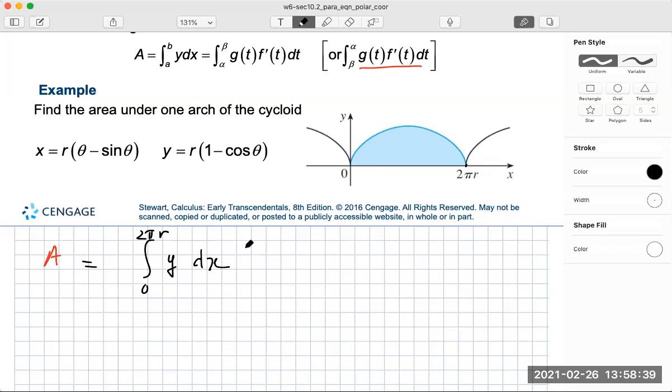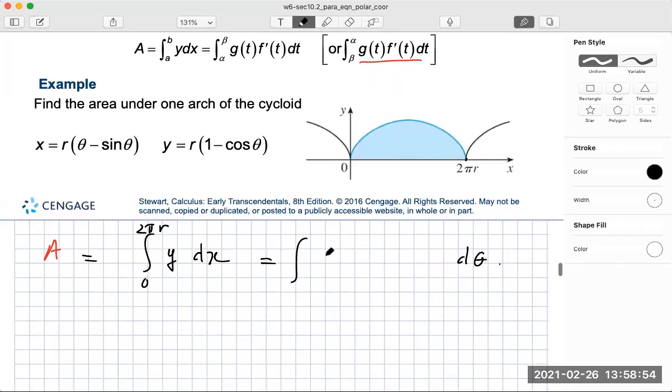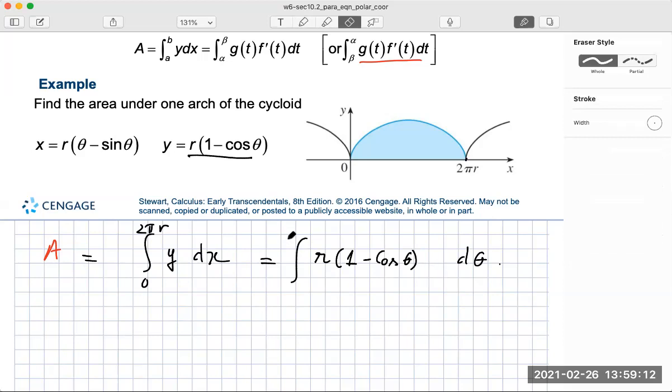So here, if we write it in terms of the angle theta, d theta, we need to use this formula, right? Which is r(1 minus cosine theta), okay? Or let us write it slowly, like g of t here.